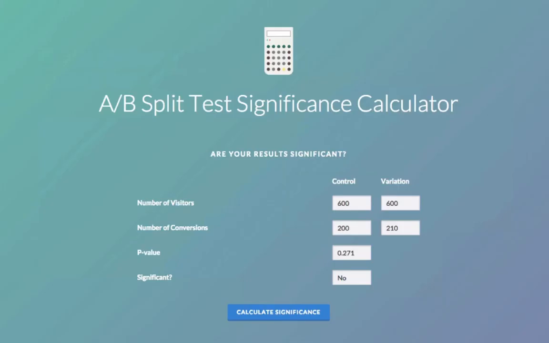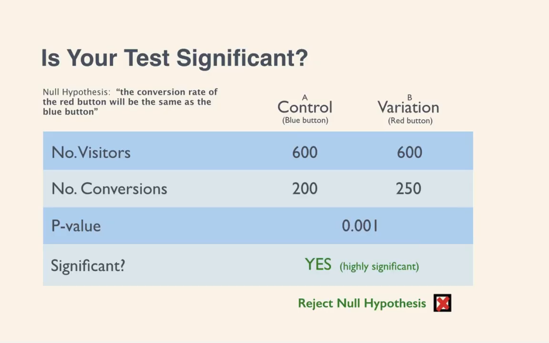I particularly like the VWO one, the Visual Website Optimizer calculator. It's very clear and easy to use. So we feed it the control and the variation visitors and the number of conversions, and it will actually give us the p-value and tell us directly whether it's significant or not. So let's look at some examples.